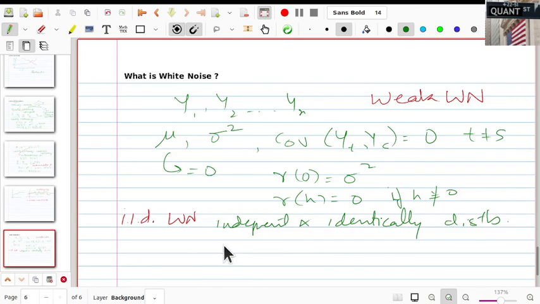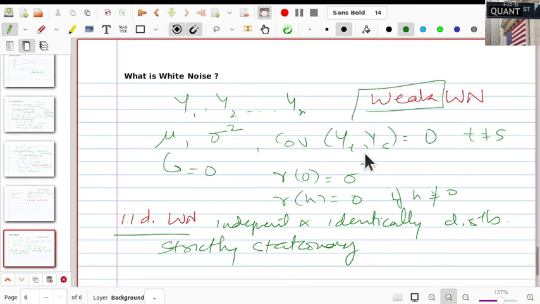So there is no dependence among the observations, and their distribution is the same. Like weak white noise, which is weakly stationary, the IID white noise is strictly stationary.